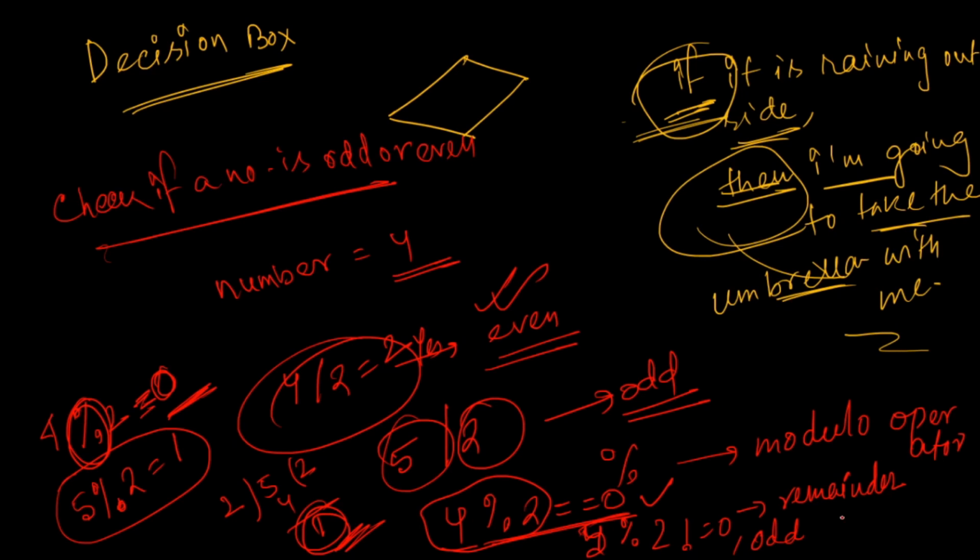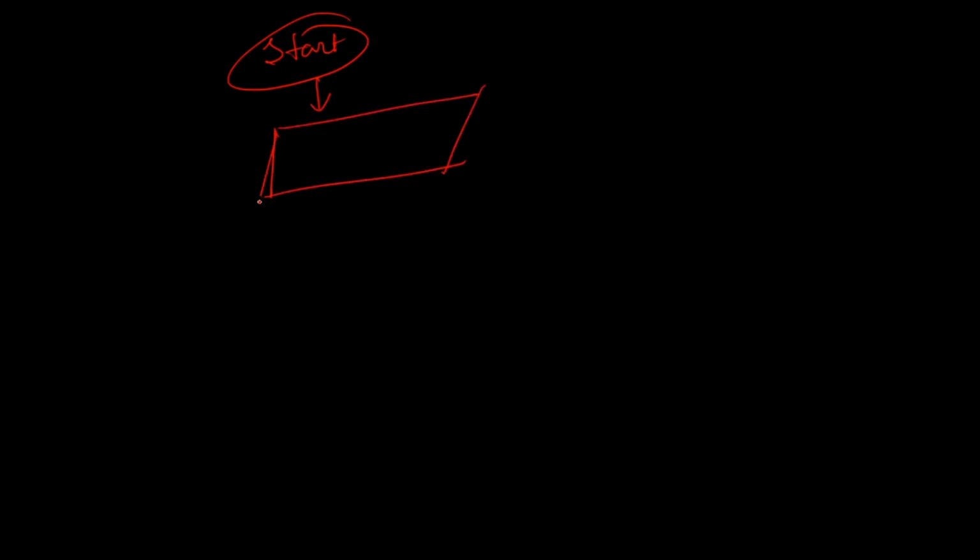We'll be doing this in a flowchart, so let's see the flowchart. First of all, I'll start. After that, we'll read a number, let's say n. Then I'll take a decision box, because I have to check if the number is divisible by 2 or not.